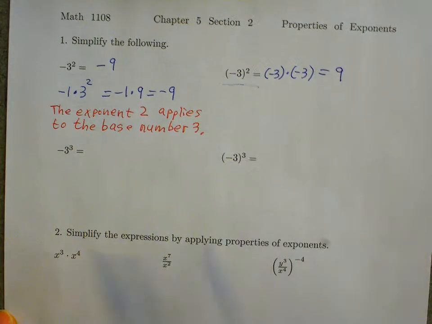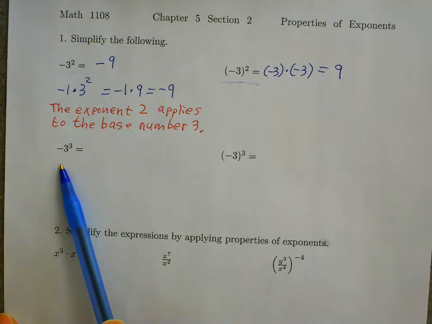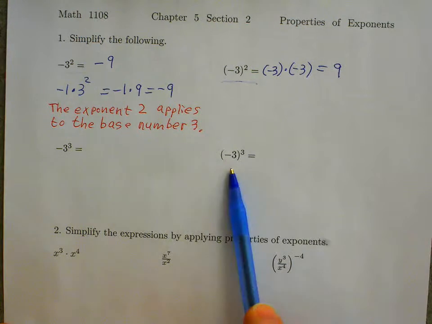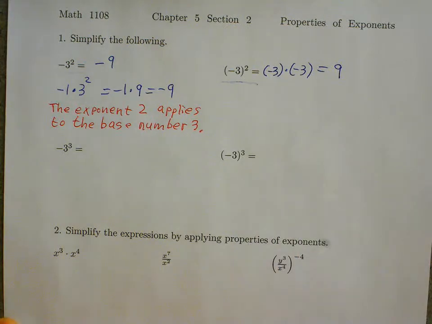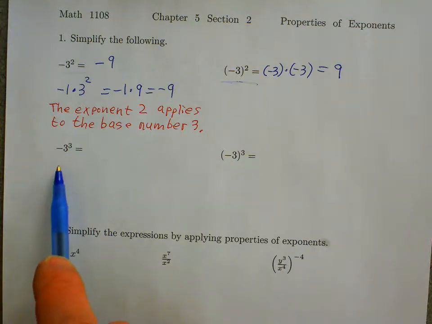Okay, the next examples, here we have negative 3 to the third. And over here we have negative 3 to the third. So when I read those, they sounded pretty much the same, but they mean different things.